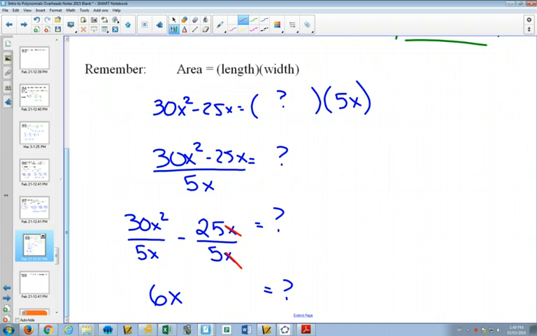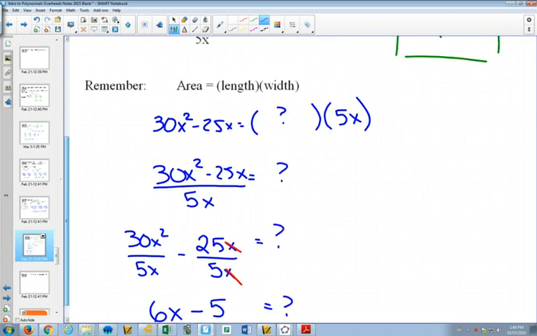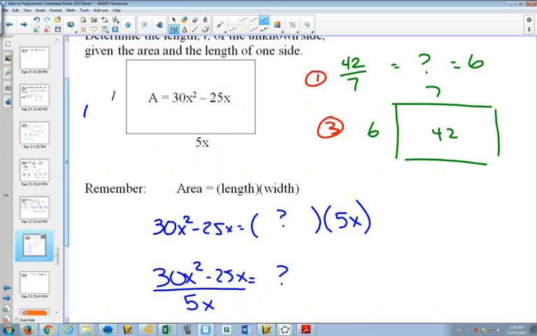Here the x's will go away. 25 divided by 5 is 5. So we know that this side has to be 6x minus 5. So that's using method number 1. We divide both sides just like we divided both sides when we were trying to find out something times 6 is 42.